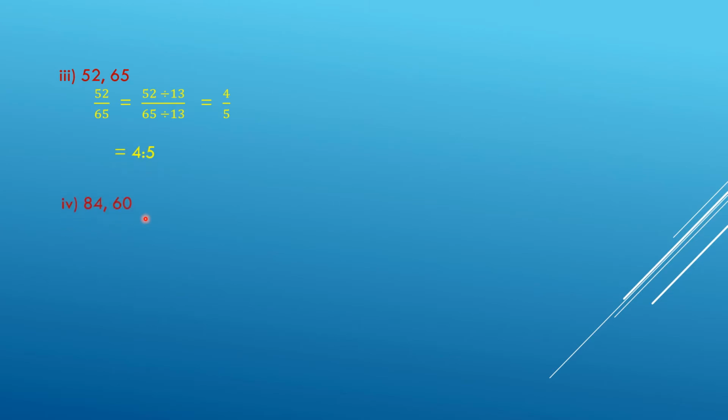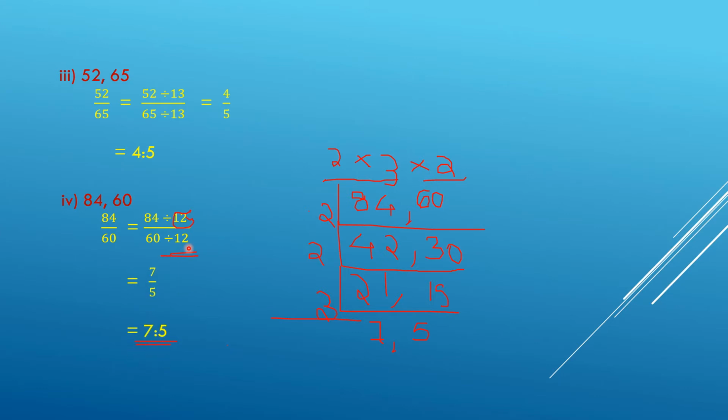And fourth question, 84 and 60. Same method, that is equal to 84 upon 60, and the HCF of 84 and 60 is 12. Therefore, it is equal to 84 divided by 12 upon 60 divided by 12, which is equal to 7 upon 5. The ratio is equal to 7 is to 5.